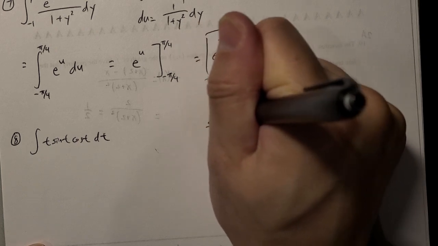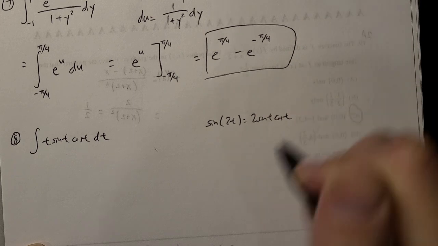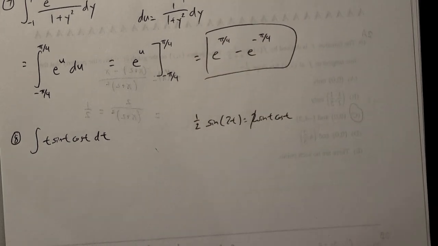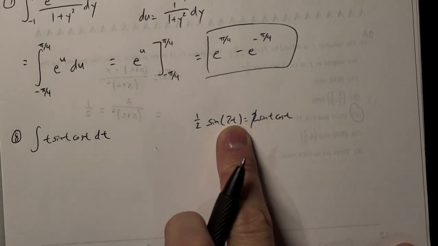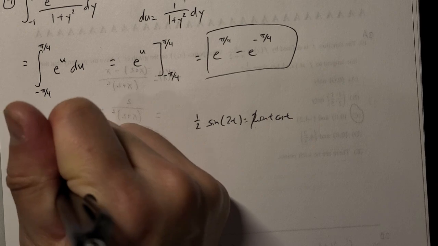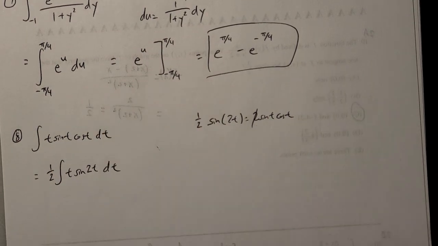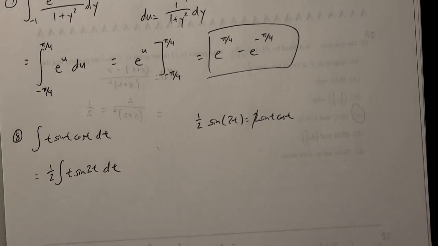You know that sine of 2t is 2 sine t cosine t. So if I move this 2 to this side, this will simplify things actually. So we get half integral t sine of 2t dt. So instead of 3 terms, now I have 2 terms and a constant, which I can move out.